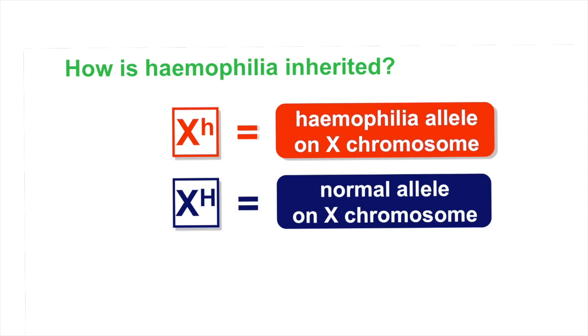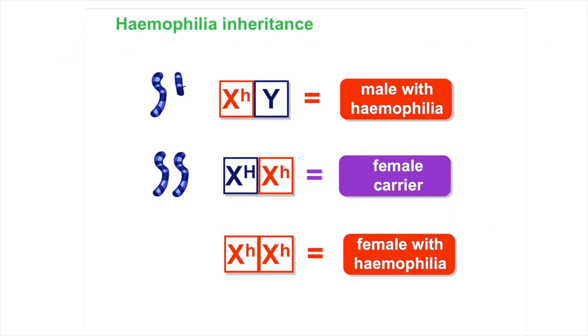In the case of hemophilia, the X with the lowercase h subscript here stands for the allele that causes this disorder, where patients are more likely to bleed, and this capital H stands for healthy blood clotting. We have possibilities here. Now, if the male has this genotype, this means he will struggle because it takes too long for his blood to clot.